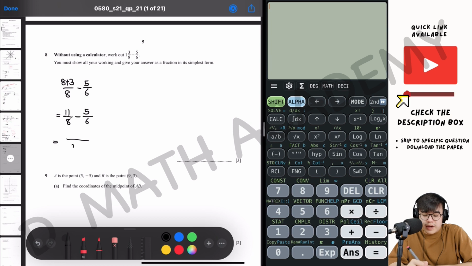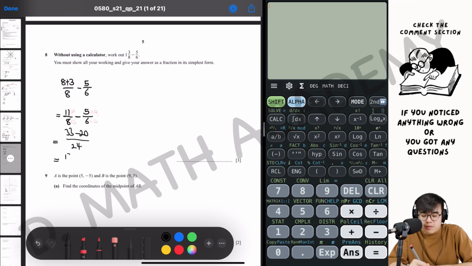So my 11 will be multiplied by 3, my 6 here will be multiplied by 4. So the result is actually 33 minus 20. The balance is actually 13 over 24 here. By looking at it, it cannot be further simplified. So my final answer, I will keep it as 13 over 24.